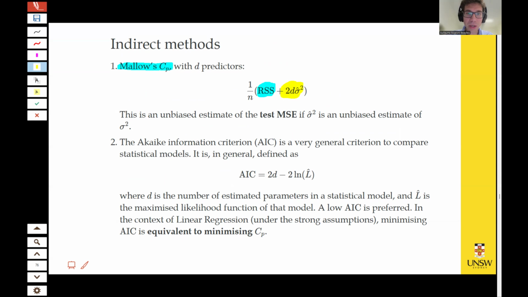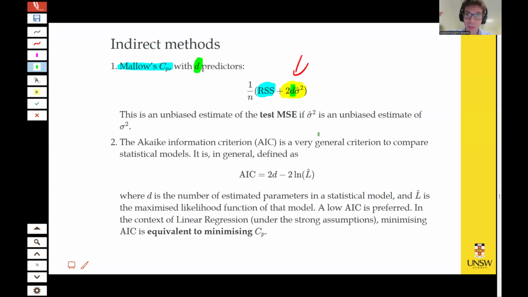Because you want to minimize the RSS, you add this penalty that is essentially a function of the number of predictors in your model. Here the d is the number of predictors in your regression model.